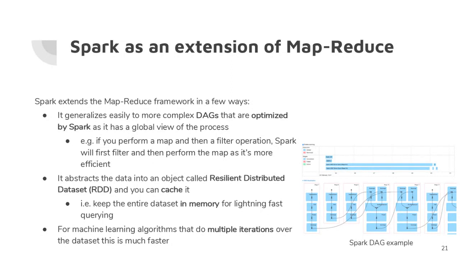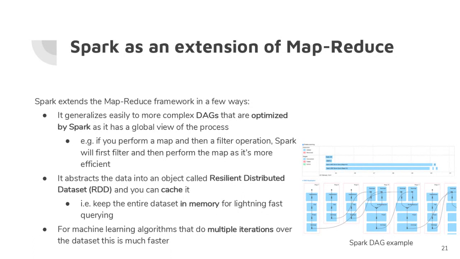For instance, if you have word count and you want to filter all words starting with A, then if you first map and then filter it, then you first have to map all words. Well, if you first filter on all words starting with A, then the key value list of all words will be much smaller. So Spark is smart enough to do that and is able to perform your data processing pipeline more efficiently.